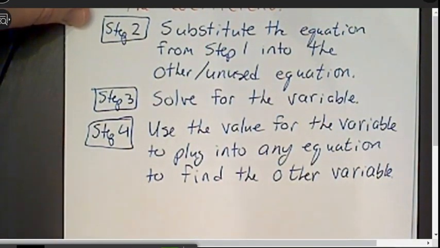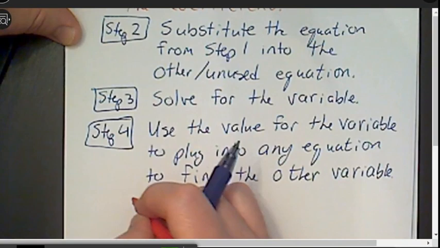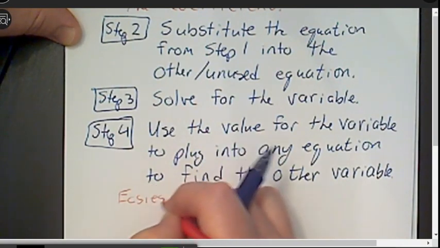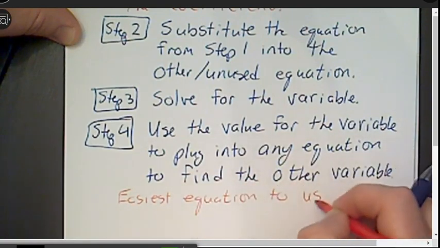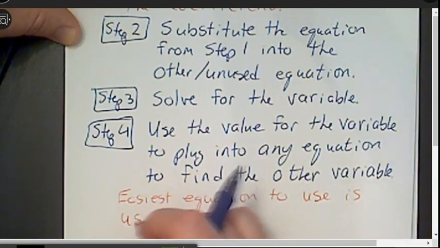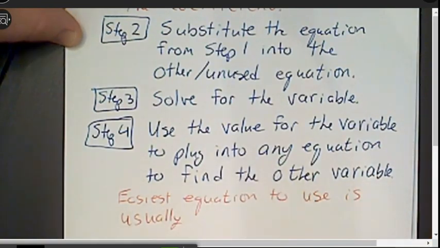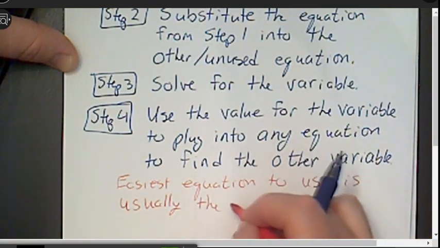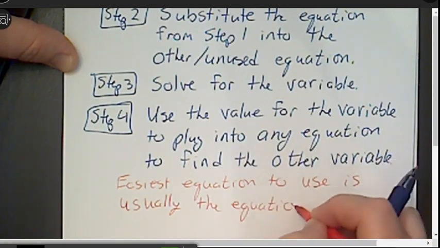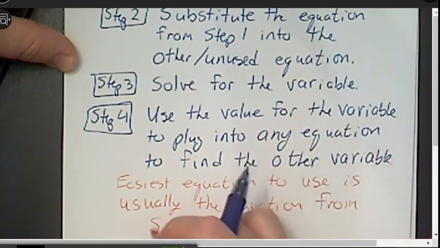Okay, now just like in step 1, there's an easier way to do this part. There are always exceptions to the rule, but I would say 95% of the time, the easiest equation to use is the equation from step 1.